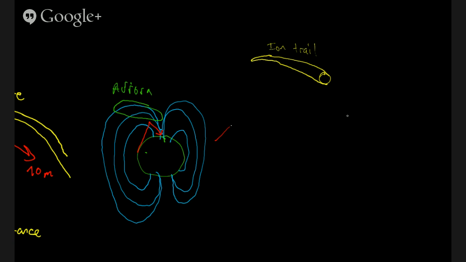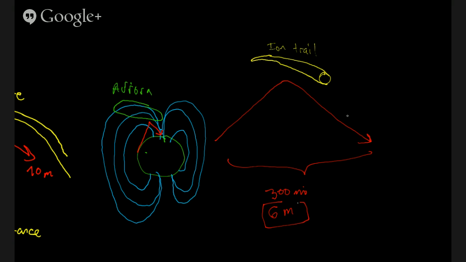And so we can get pretty good distances with this, something like 300 miles. And the 6-meter band generally is the best for this type of propagation, meteor scatter.